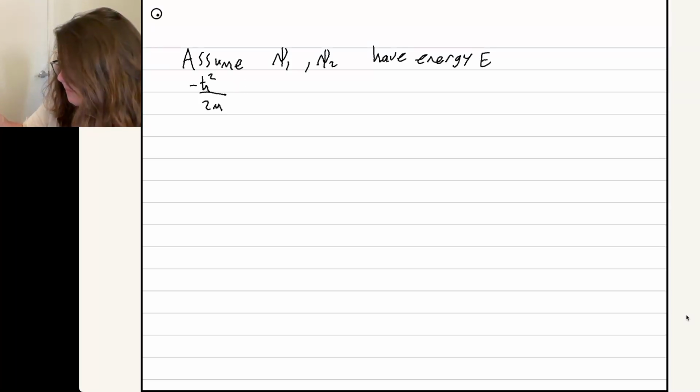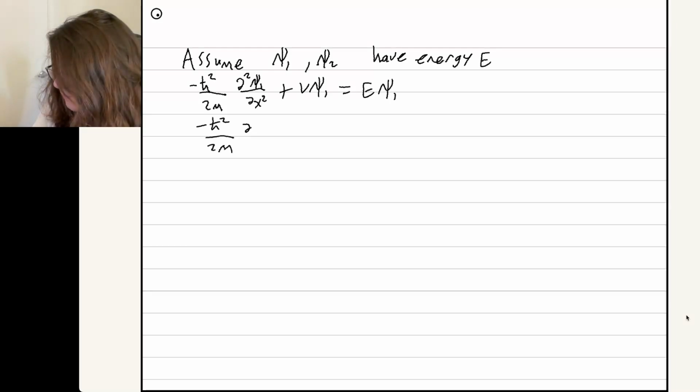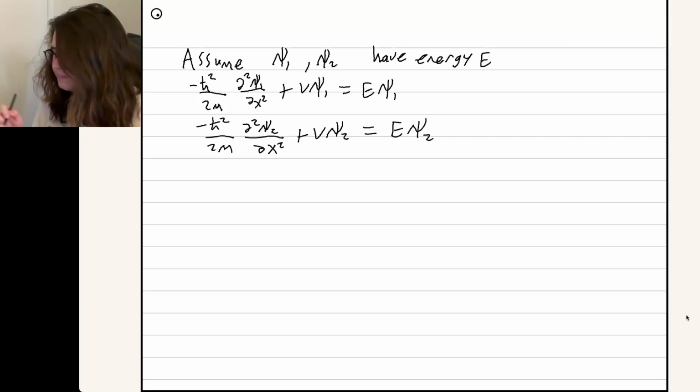It's minus h bar squared over 2m, d squared psi1 dx squared plus V psi1 equals E psi1. And then we've got another Schrodinger equation here for psi2, with the same potential, same energy E.